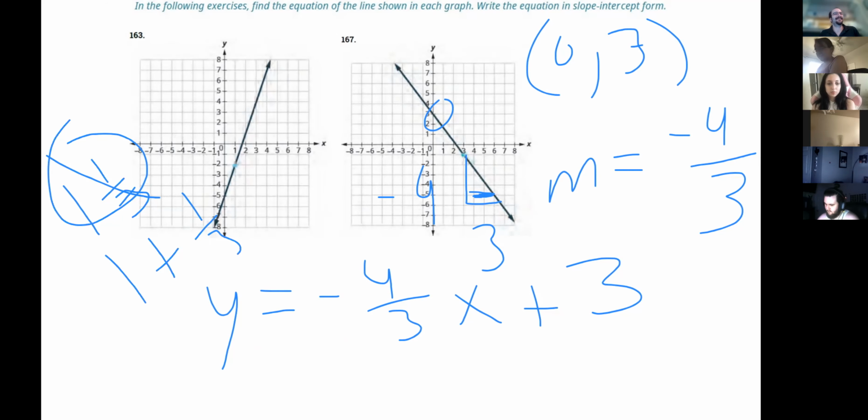Because the other student said b equals -3, and then I was confused. B should be positive here. And if I wrote a -3, that would mean my line was going through down there, right? So you've got to make sure your signs are correct. Yeah, thank you.